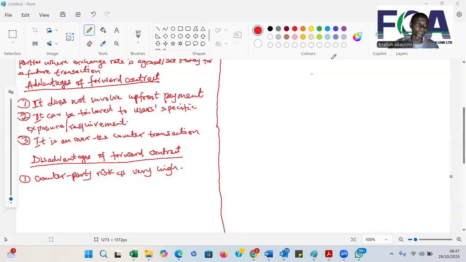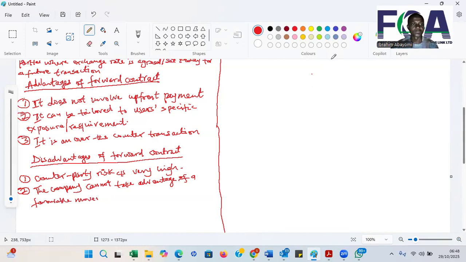Number two is that the company cannot take advantage of a favorable movement of exchange rates.